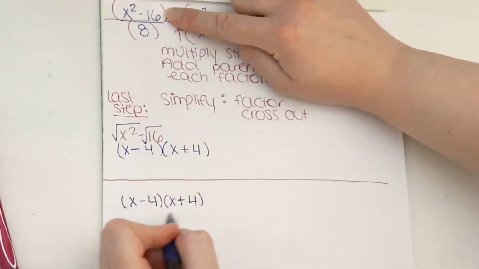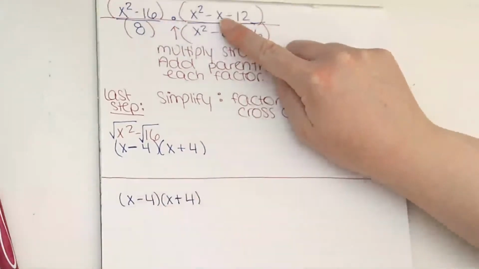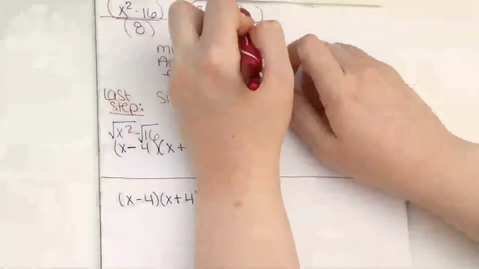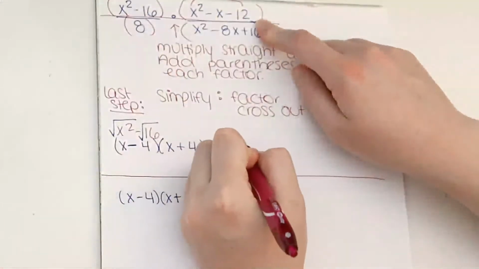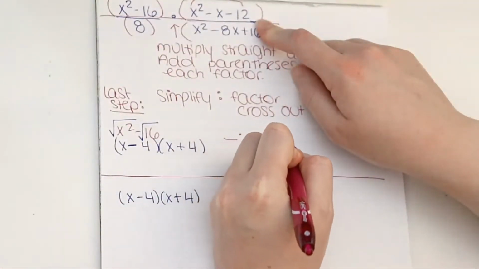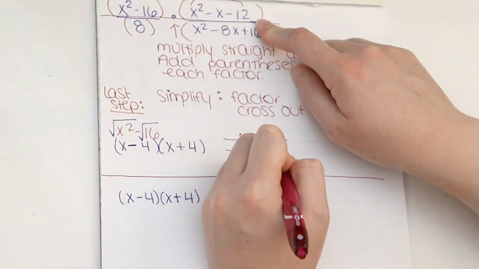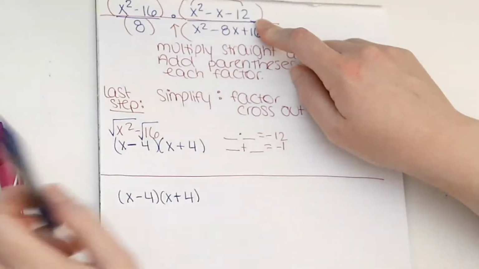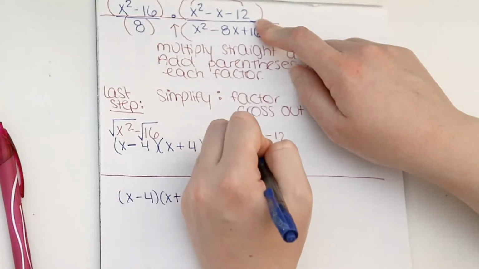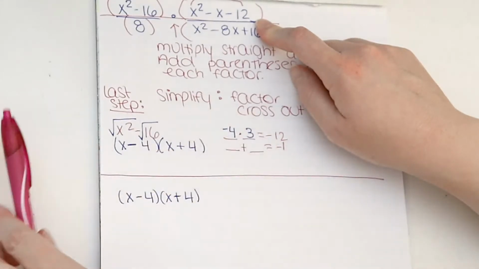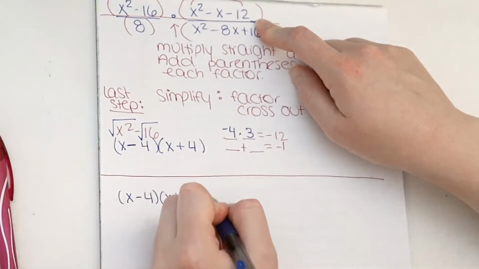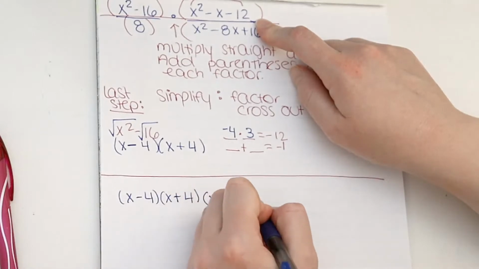Okay, and then we'll factor the second fraction. So for the second fraction, we're thinking about factors of negative 12 that add up to negative 1. And those factors will be negative 4 and 3. So we'll have x minus 4 and x plus 3.